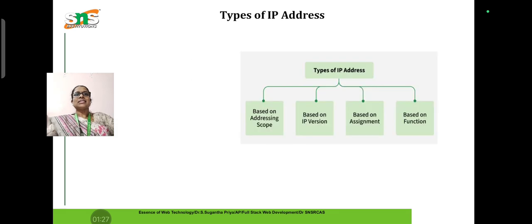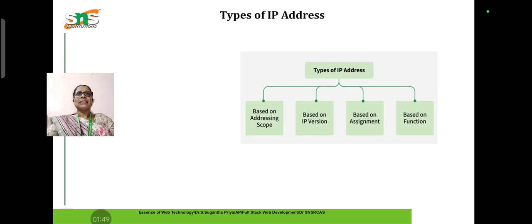Next, we will discuss the types of IP address. IP addresses can be classified in several ways based on their structure, purpose, and the type of network they are used in. Here is a breakdown of different classifications of IP address, that is based on addressing scope, based on IP version, based on assignment, and based on function.